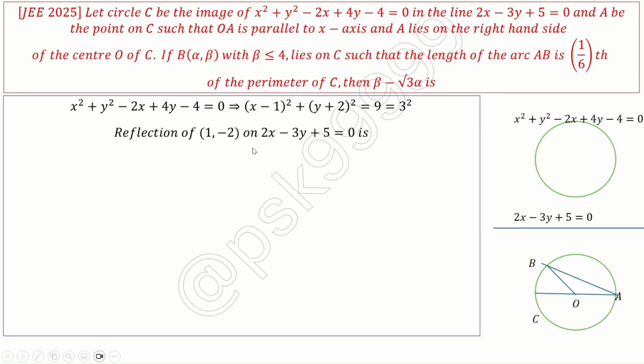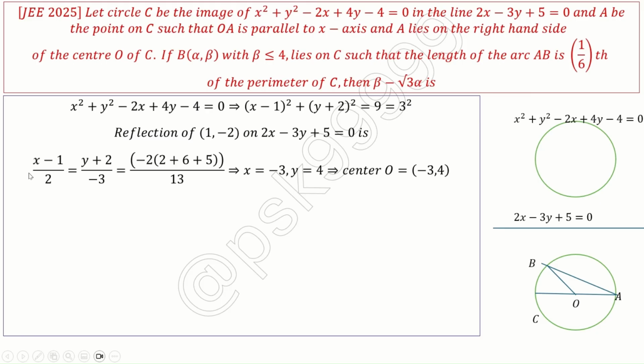So the reflection of (1, minus 2) on 2x minus 3y plus 5 equal to 0 is found like this: (x minus 1) divided by 2 equals (y minus of minus 2) divided by minus 3 equals minus 2 times, substituting this point here, (2 times 1 plus minus 3 times minus 2 plus 5), which is 2 plus 6 plus 5, divided by a square plus b square, 4 plus 9, 13.